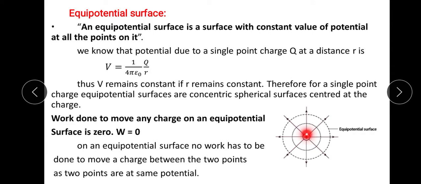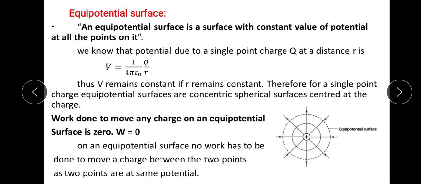So from this point charge to any point on the circle, the distance is same. Since the distance is same, the value of potential also remains constant. That is why we can consider this surface as an equipotential surface.